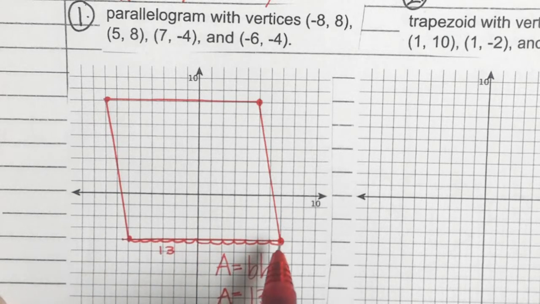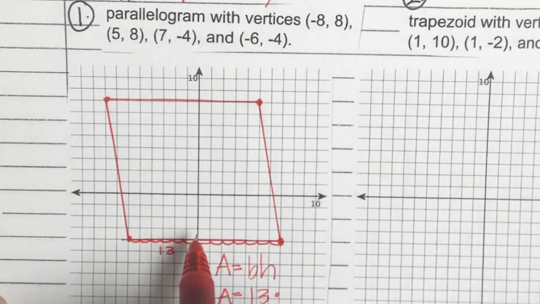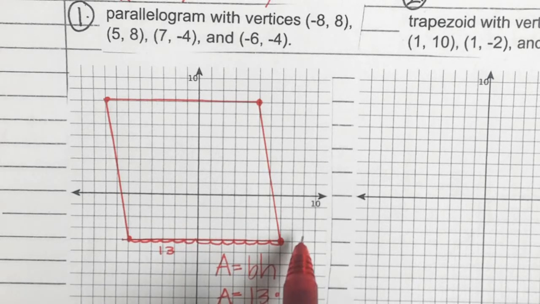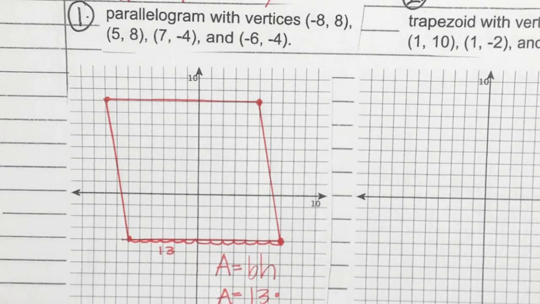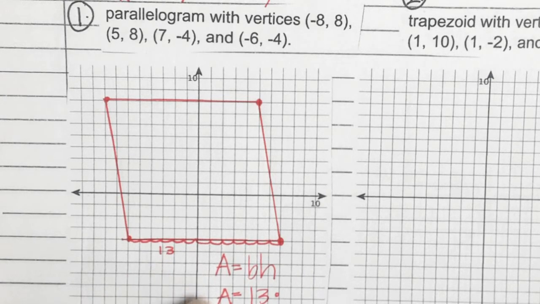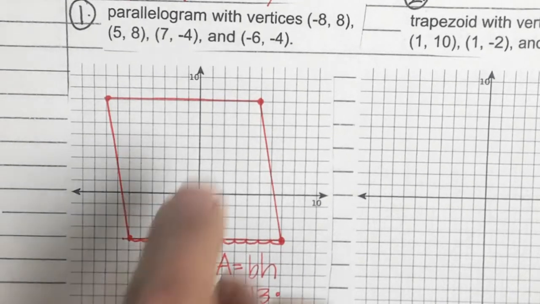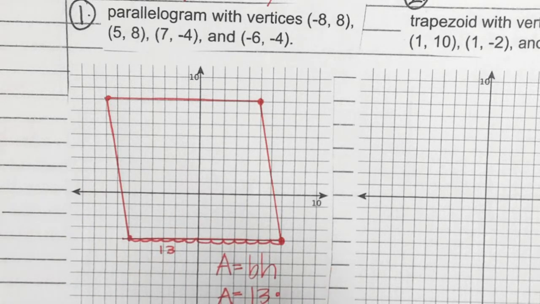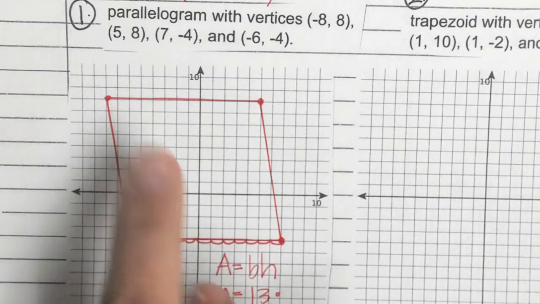Okay? And this point is at positive 7. Positive 7. So negative 6 to 0 is how many spaces? 6. And 0 to 7 is how many spaces? 7. So 6 plus 7 is 13, which is our measurement for our base. You were completely right. Okay, so the next thing we're going to do is measure our height.